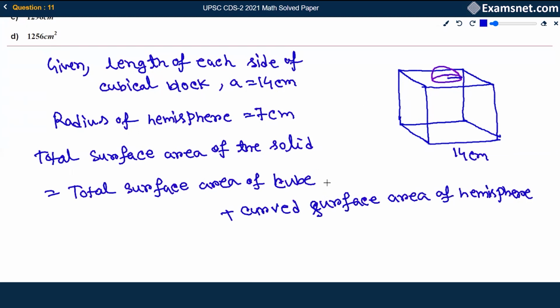Next, so here we will subtract the circular base area of the hemisphere, because that is overlapping due to the hemispherical term.